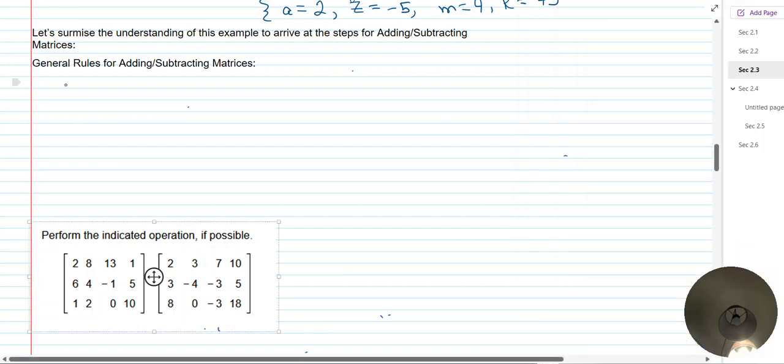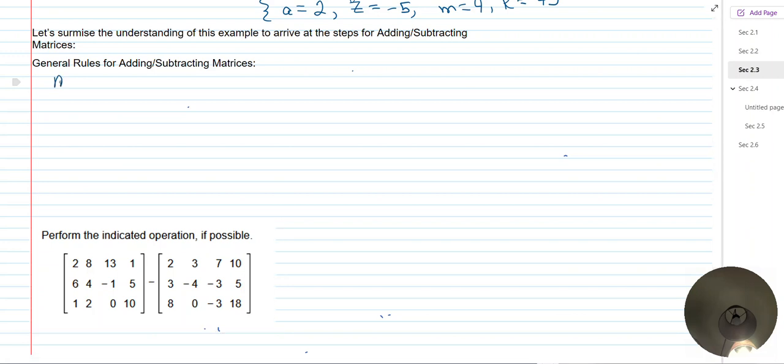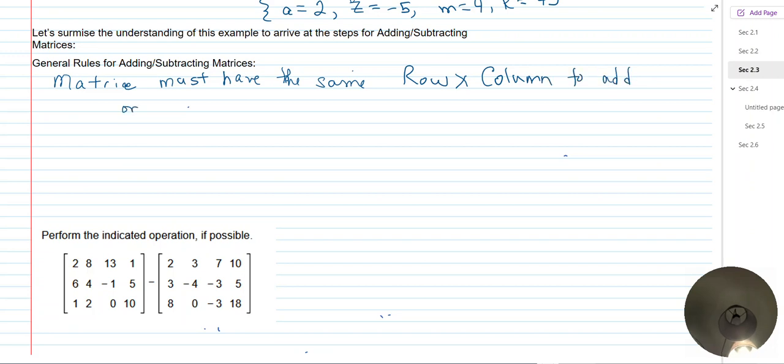Well, we stated that a matrix must have the same row cross column to add or subtract them. That's what we learned.